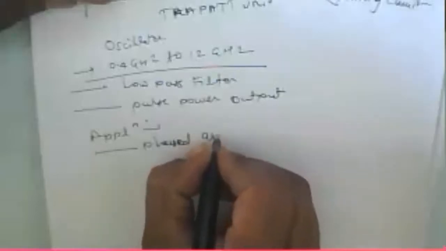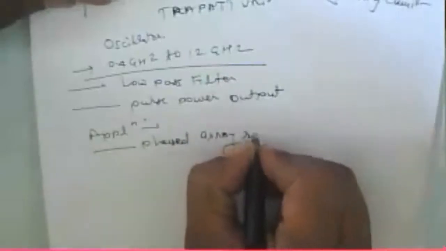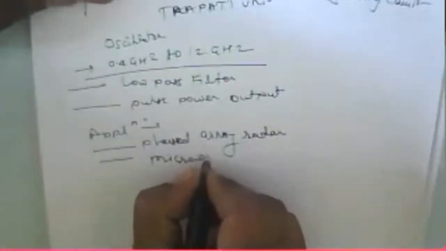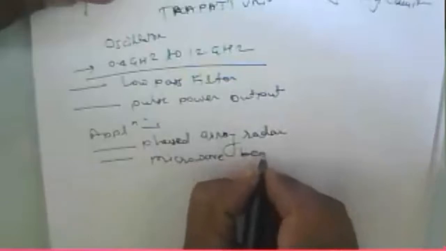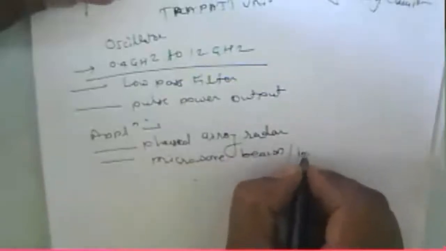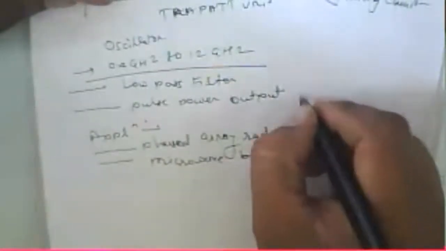And then if you see the applications, we can consider a phased array radar, a microwave beacon, or a landing beacon.